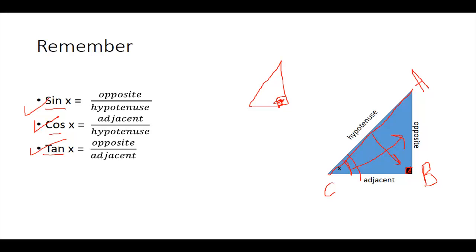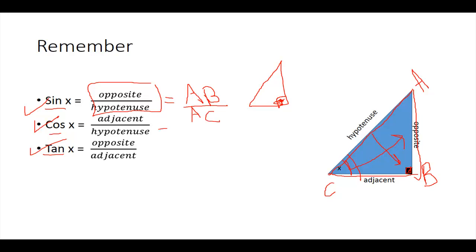So sine x means opposite over hypotenuse. Where is the opposite? Opposite is AB and the hypotenuse is AC.